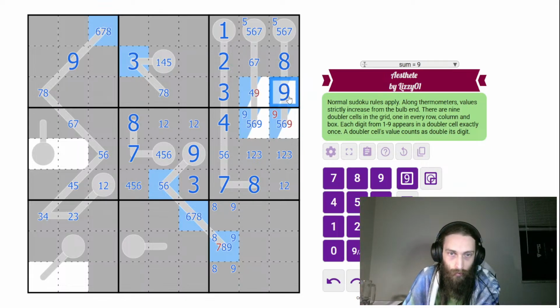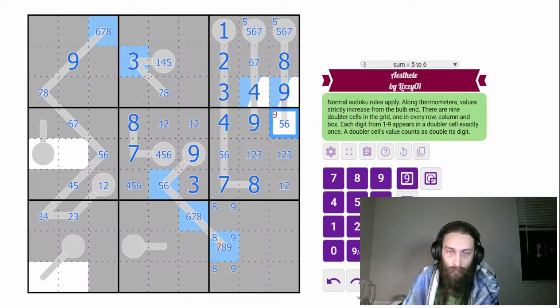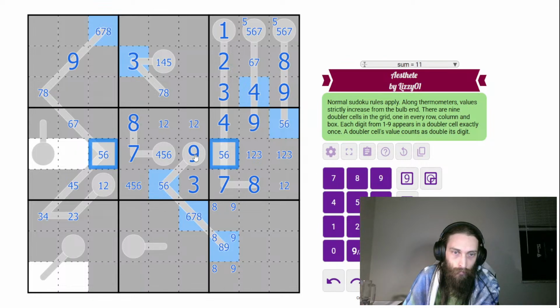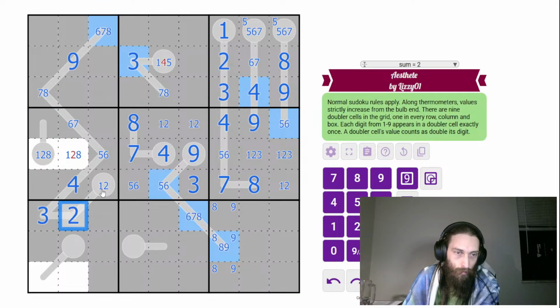So that's an 8, which is then the 9, and then the 4. Row 5 has a 5, 6 pair. Double. Row 5 has a 5, 6 pair. Which we knew a long time ago. Yeah, now row 6 has a 5, 6, 8 pair. 4, 3, 2, 1, 2.